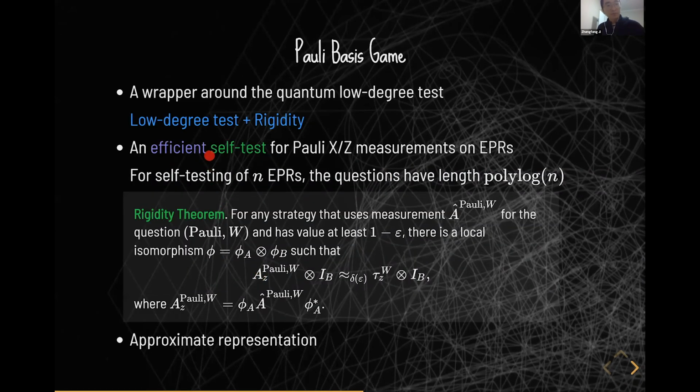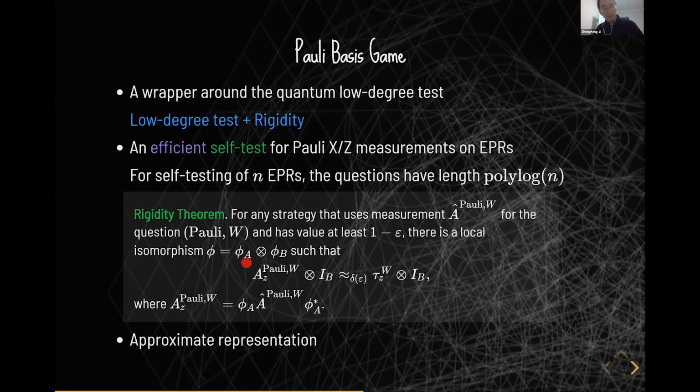Basically, remember low degree tests are quantum sound, which is among the techniques that we developed in the quantum soundness set of techniques, and also it combines rigidity. So now you have an efficient self-test of Pauli X and Z measurements on EPRs. The verifier can send questions like Pauli W, where W is X or Z, so it's constant size. The prover then has to respond by measuring EPRs.